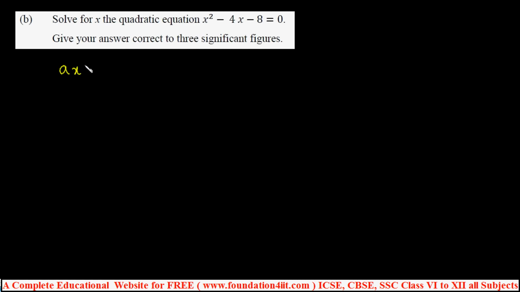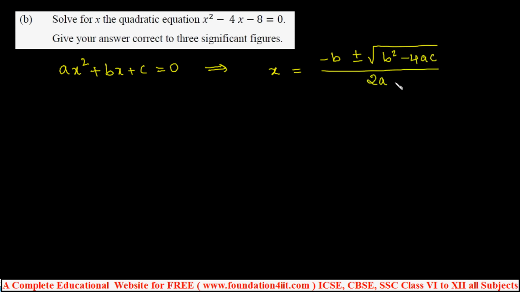If ax square plus bx plus c is equal to 0 is the general form of a quadratic equation, then to find the value of x, minus b plus or minus under root b square minus 4ac, divided by 2a. So this formula I can apply to find the x value. You can apply this formula, or else you can use another method also. So let me show you this method first. It's easy, you can just remember the formula and apply it directly.